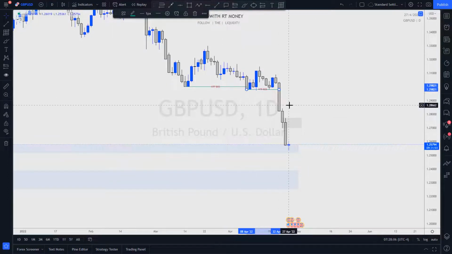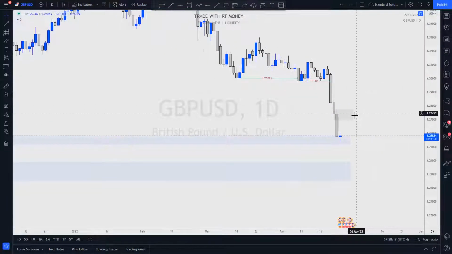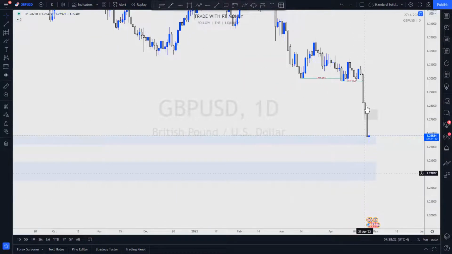When you have breaks of structure, you know that prices are going lower. And you see how much momentum is in these candles, very heavy, very strong US dollar against the pound. The pound is very weak when put up against a strong US dollar. Lots of momentum. Do I want to look for a reversal? Not necessarily in this situation, no.